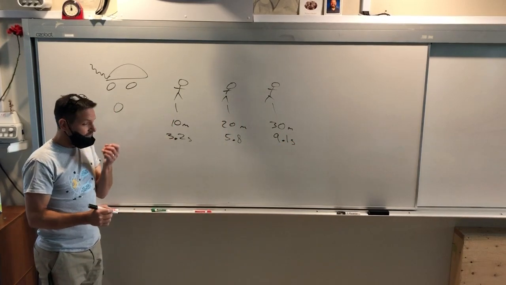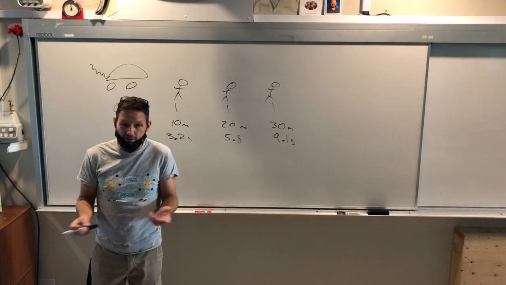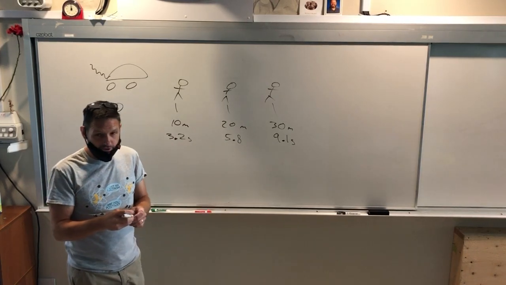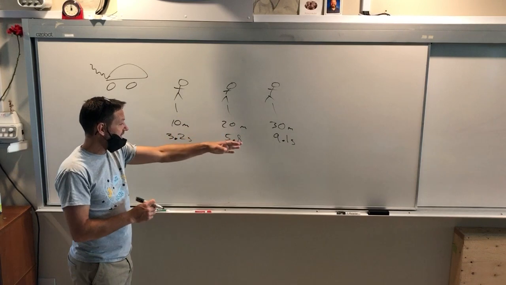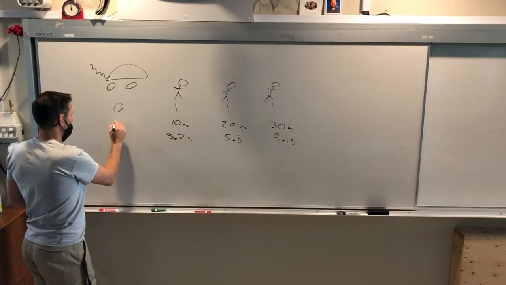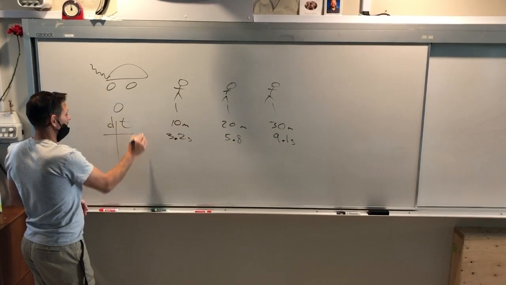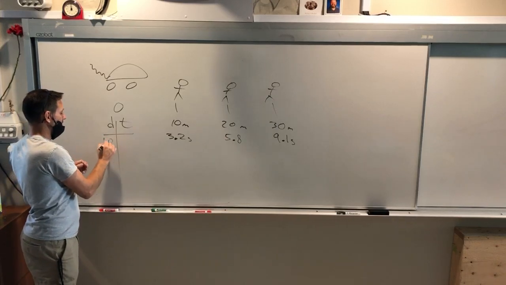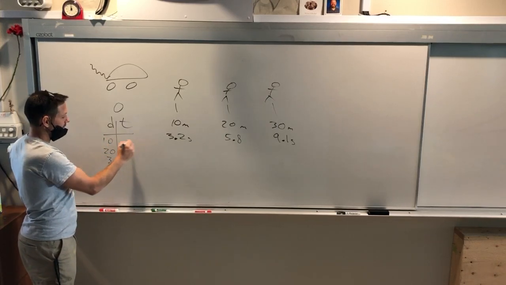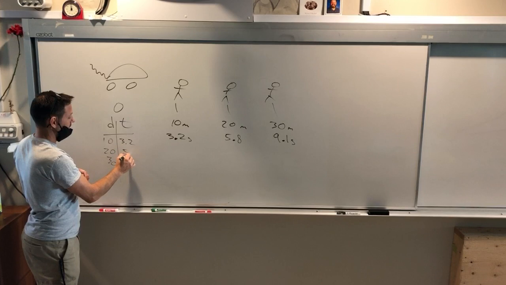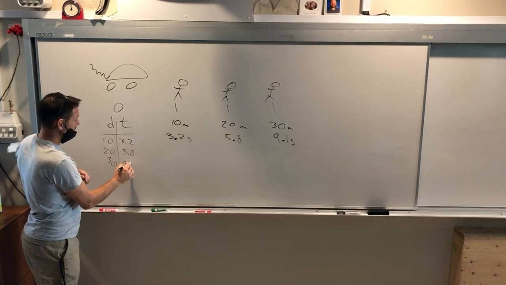Okay. And what Julius is asking is, what's the relationship here? So we're going to graph this. This is your data. So you would put your data in a chart like this, and you'd line up your distance, 10, 20, 30, and you'd have your times here, 3.2, 5.8, 9.1.